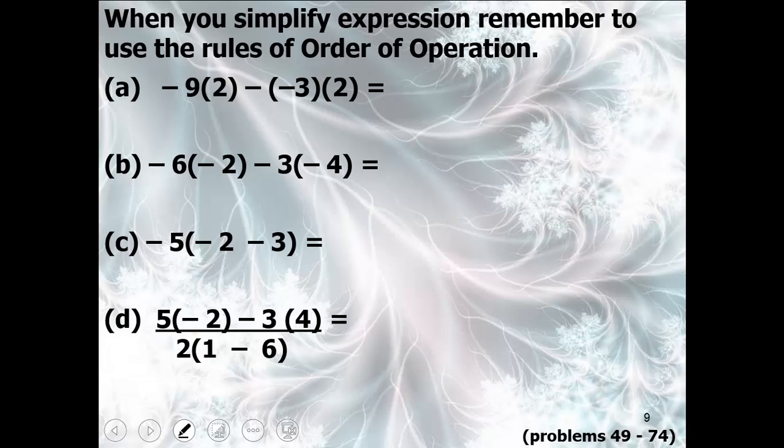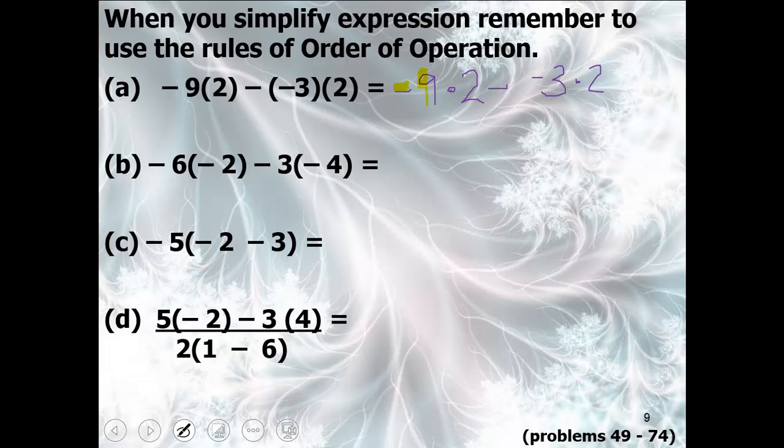When you simplify, remember to use the order of operations. These parentheses imply multiplication. So I could write this as negative 9 times 2 minus negative 3 times 2. All right, what do I do first? I multiply first.